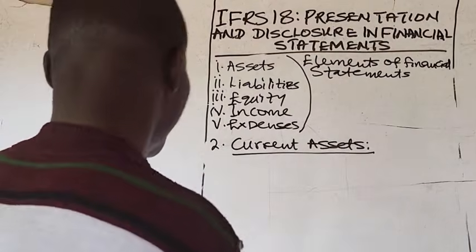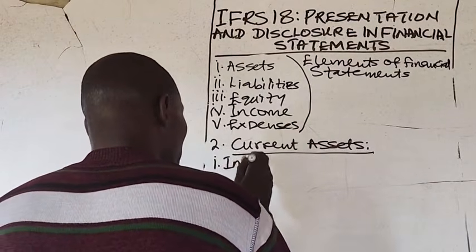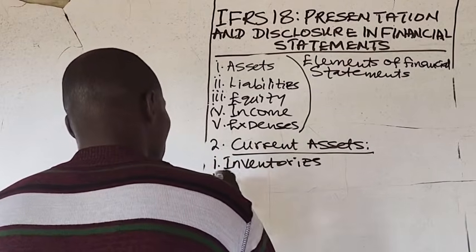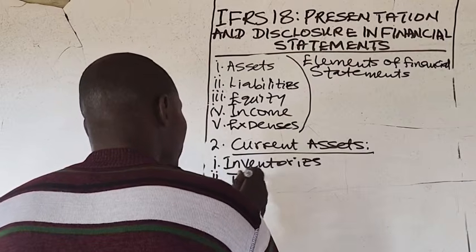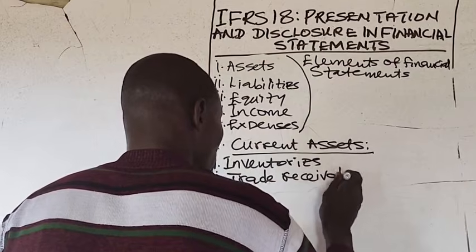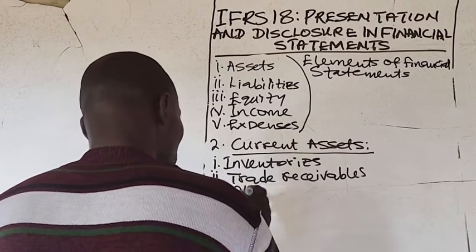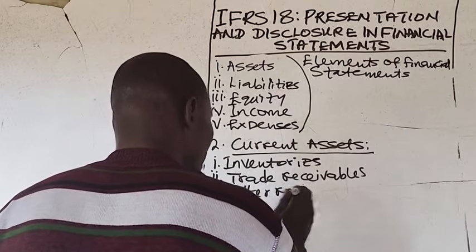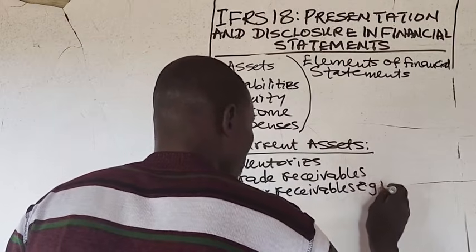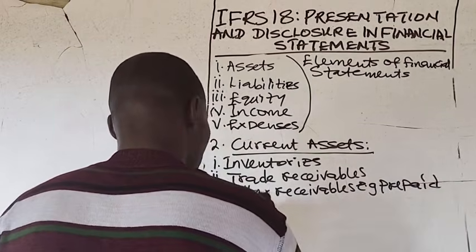Examples of current assets include: one, we have inventories. Two, we have trade receivables. Three, we have other receivables, such as prepaid expenses.